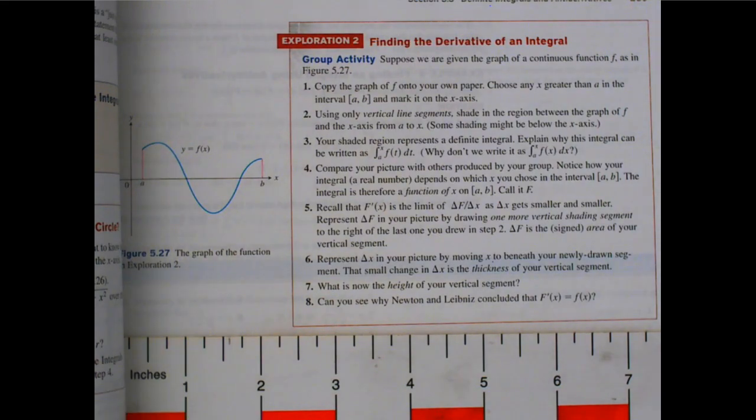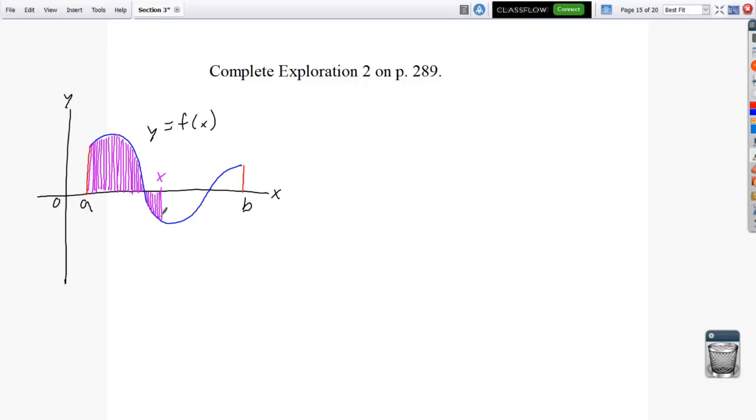A definite integral is just the area underneath the curve. So you should have been putting together that we were shading in a definite integral. What we really wanted to drive home in number 3 is why we should put it down as the integral from a to x of f of t dt.